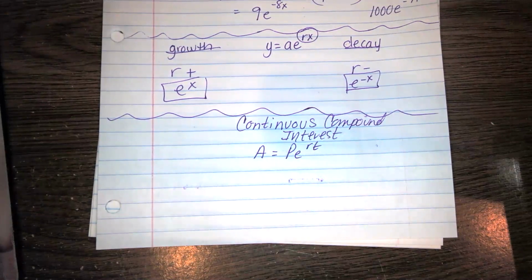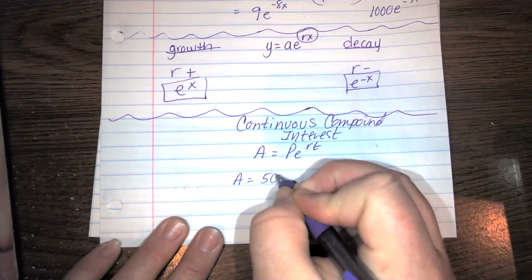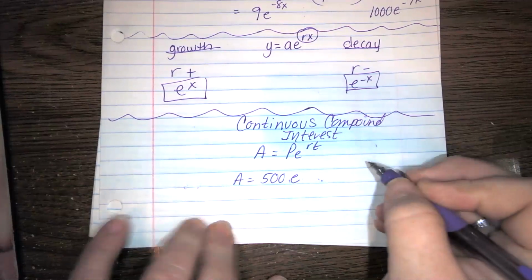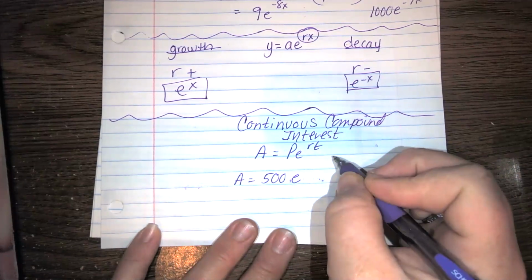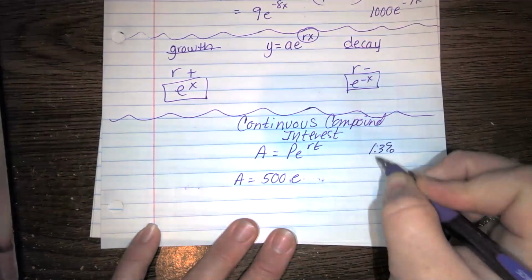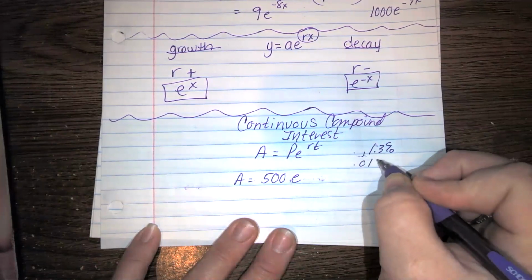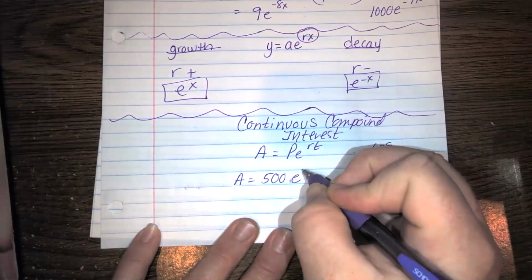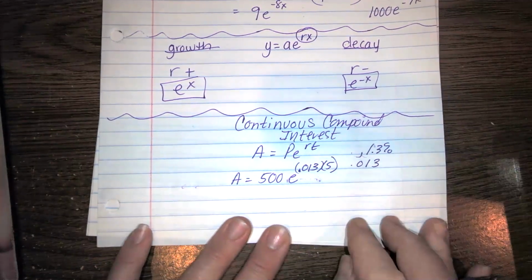In a problem like this, it will talk about making money. So I want to deposit $500 compounded continuously at a rate of 1.3%. So 1.3% is what? 0.013, and I'm going to lock up that money for 5 years.